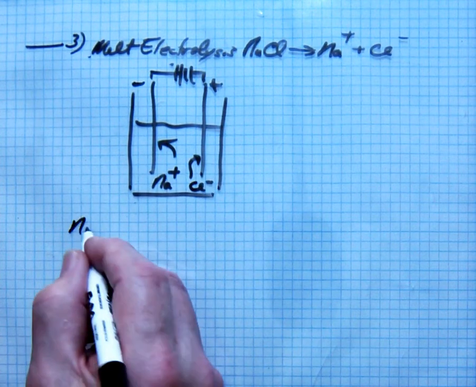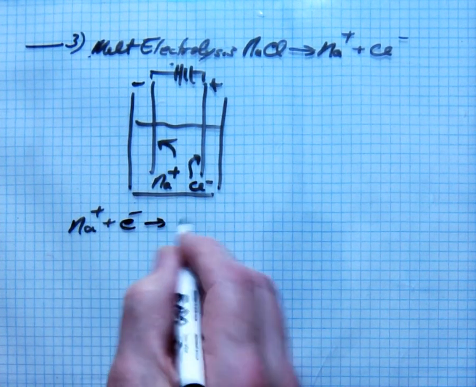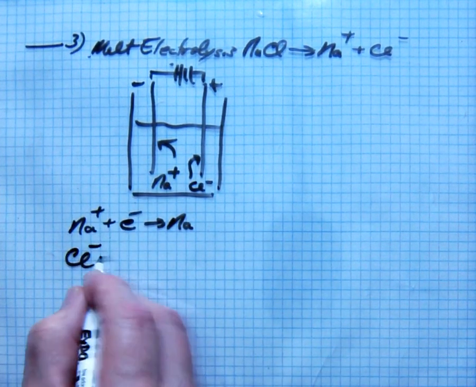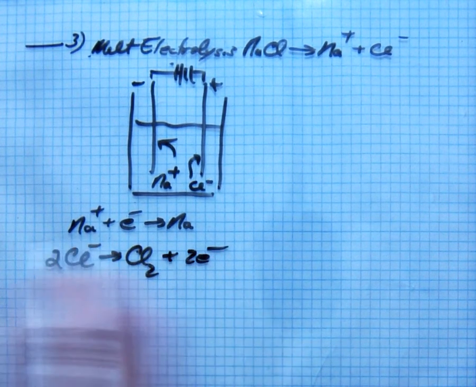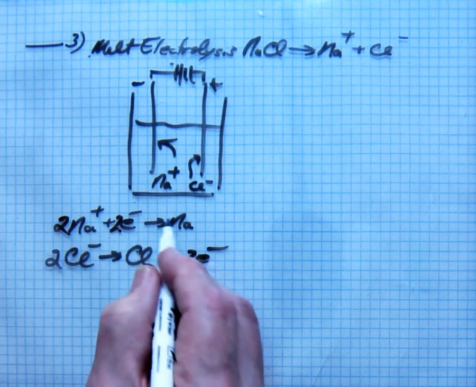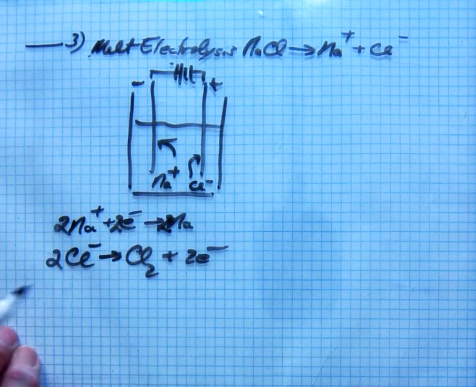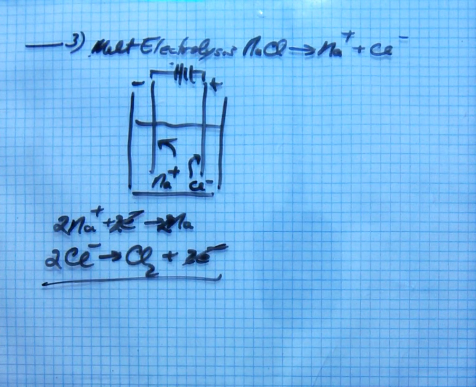Now sodium undergoes reduction, electron going to sodium, and chloride will undergo oxidation, chlorine plus a couple of electrons. We're going to add these together to get the net cell reaction. We have to double this one so that the charges will drop out.